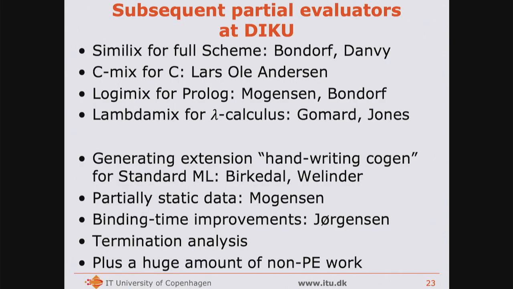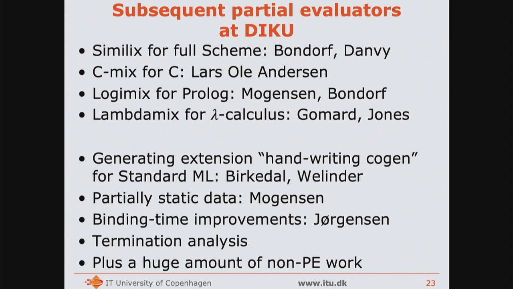A lot of stuff followed by other people dealing with much more complex languages like full Scheme or C, Lars Ole Andersen, Prolog, and the lambda calculus, and tons of other work. Lars Birkedal, here in the audience, wrote a handwritten cogen approach for Standard ML.